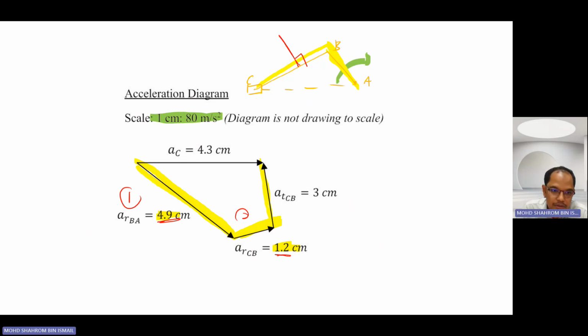And from the starting point of the line, you're going to draw another line like here. More or less, you're going to extend it a bit further. Those intersection lines give the end of the line of tangential acceleration, and then the acceleration of C. This is going to be your third step, and this is going to be your fourth step.